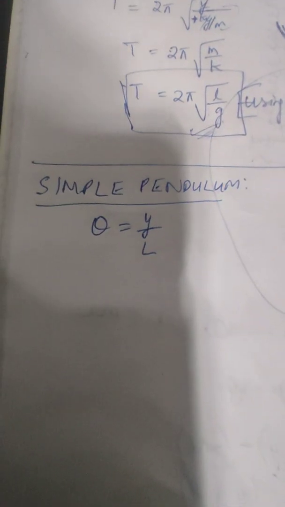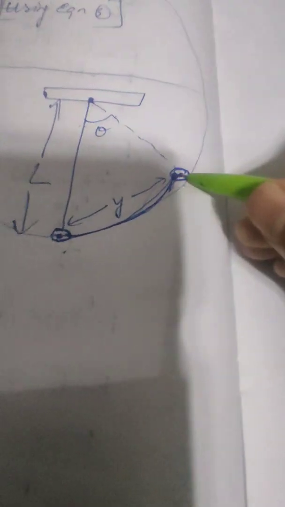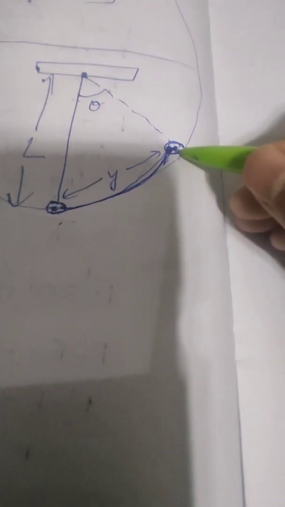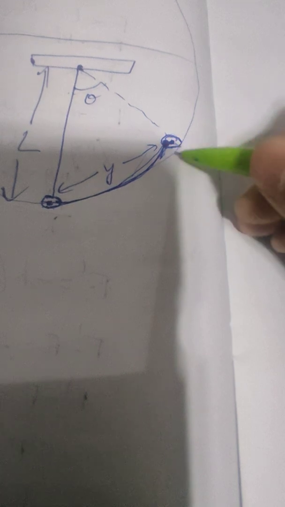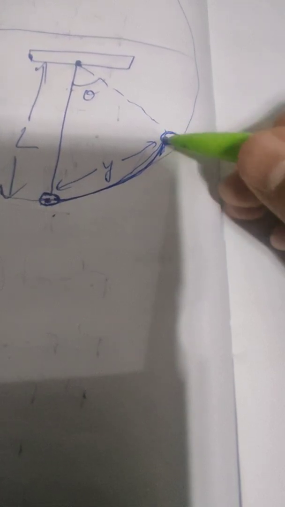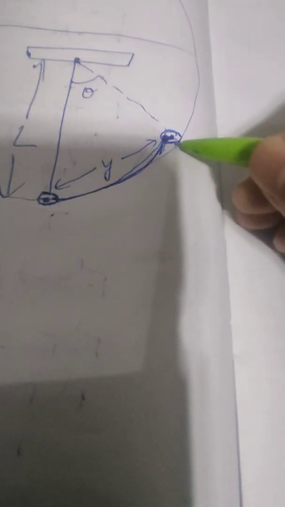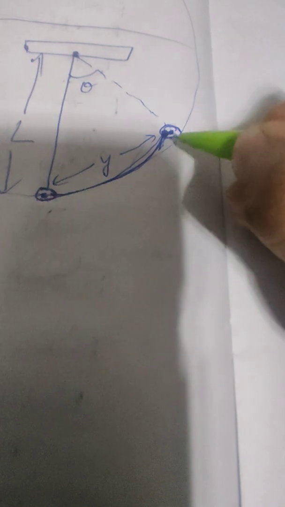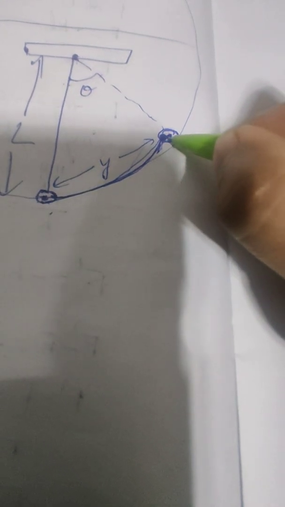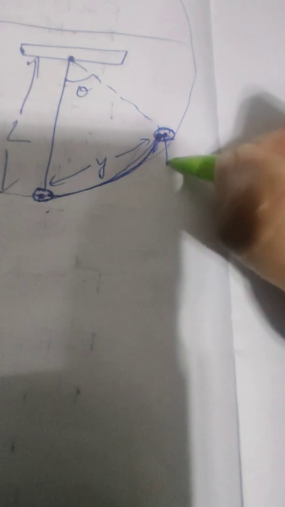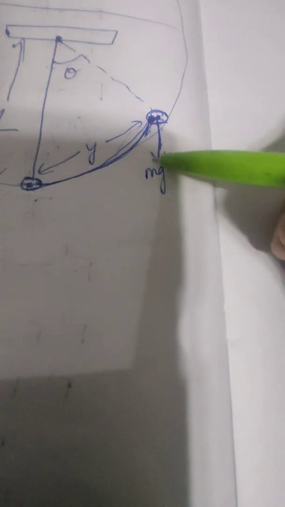Now we will resolve this pendulum into two components. The force acting on the metal bob is vertically downward, mass into gravity. The weight of the bob acts vertically downward.